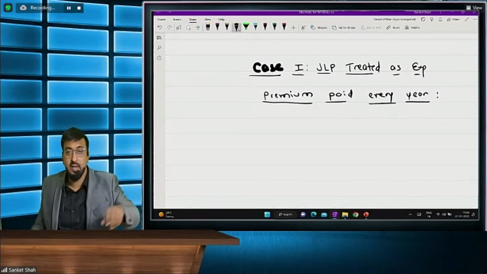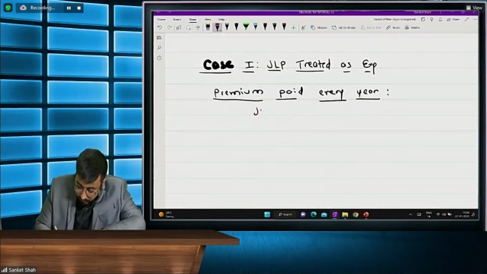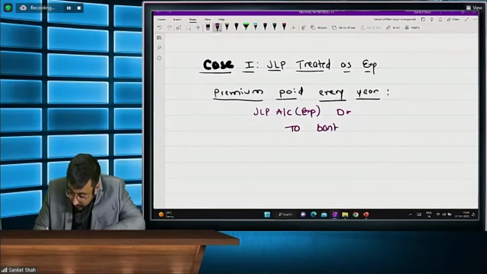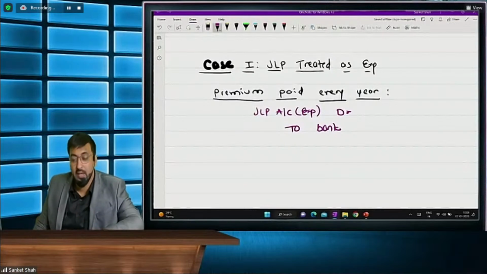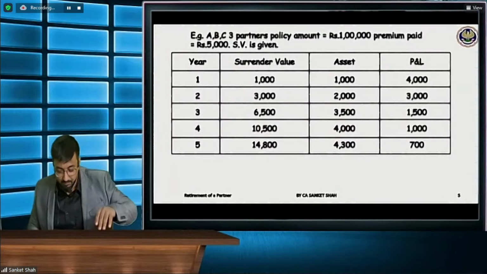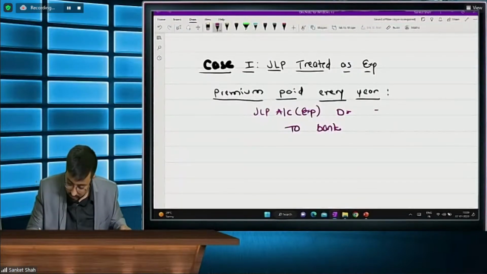So what is the entry for premium paid? JLP is an expense. Premium means expense. To bank. How much amount are you paying every year? 5,000.